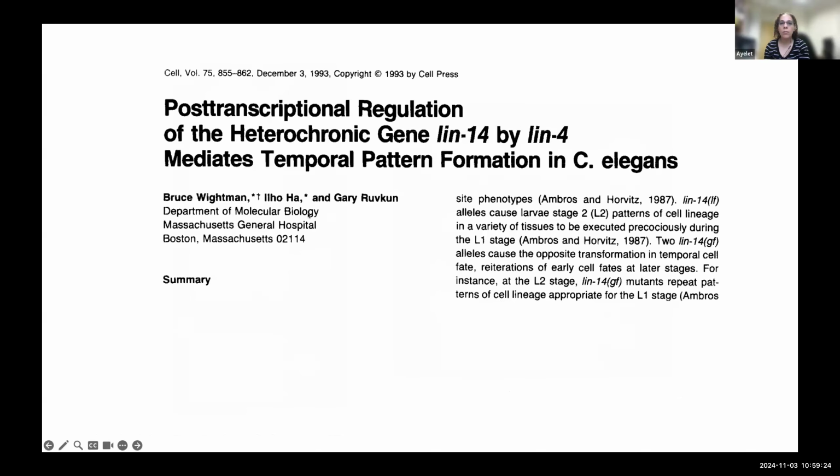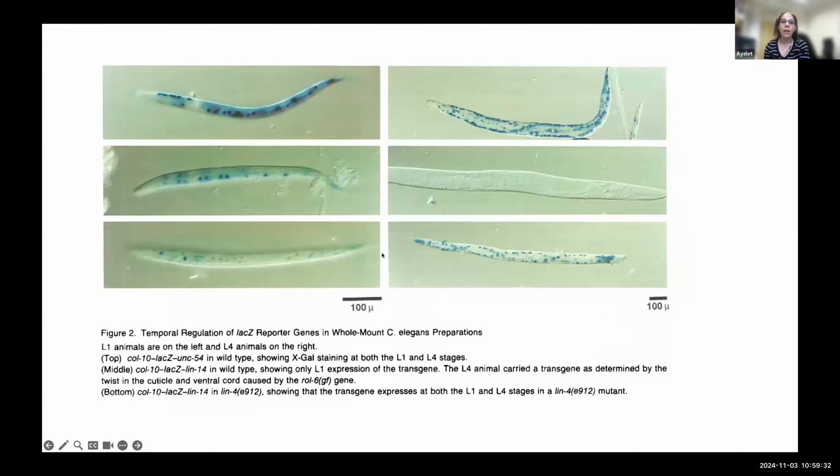So in the second paper, this was with Gary Ruvkun, they looked at Lin14, and this is from the paper, and what they took was worms that have a transgene, and they stained them with LacZ. So this is the blue.